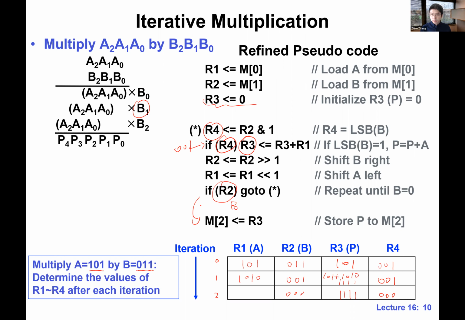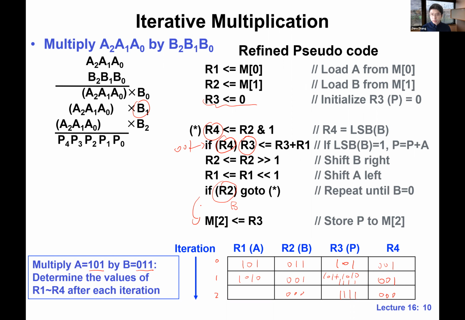Right? So let's just take one more look at this. Let's erase this. Okay, again, let's just start from the beginning. At the beginning, we know R2 is assigned 0, 1, 1, right?